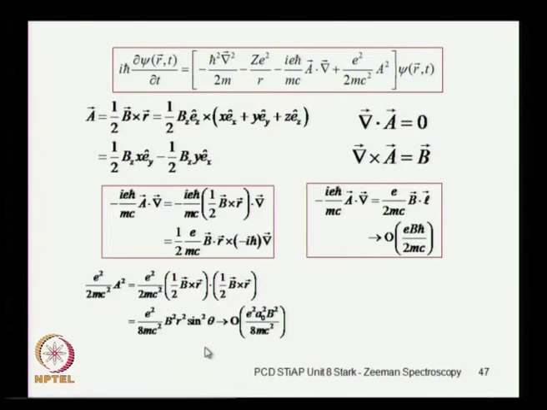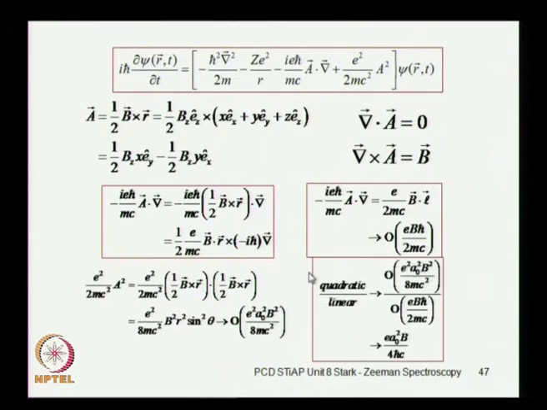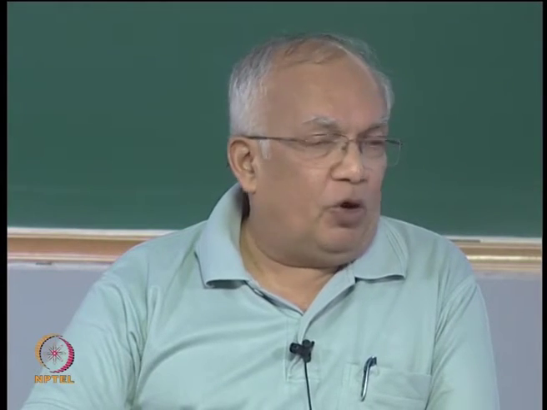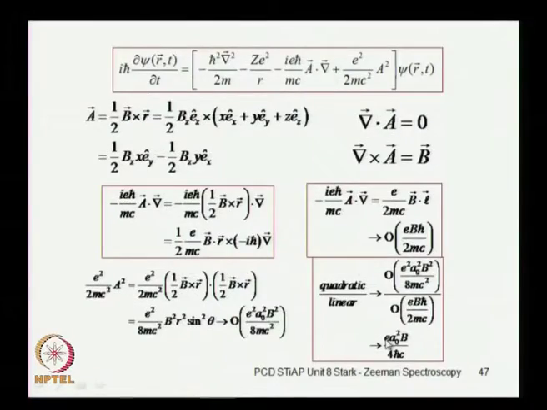Sine square theta is of the order of 1, that is right, and this is of the order of B square. So, if you take the ratio of the quadratic term to the linear term, it is of the order of B. Unless B is really very strong, this is not going to be important. You have the Planck's constant and the speed of light sitting in the denominator.